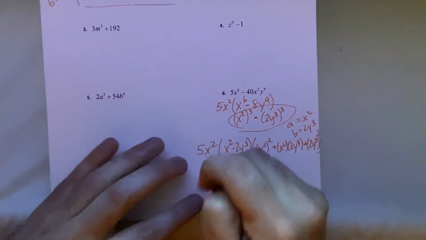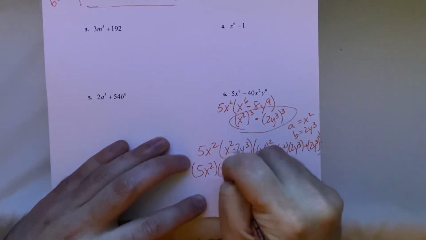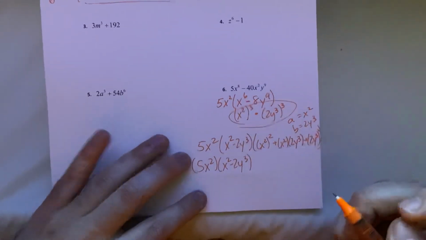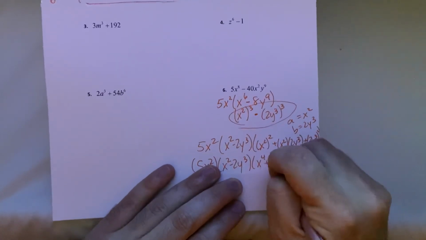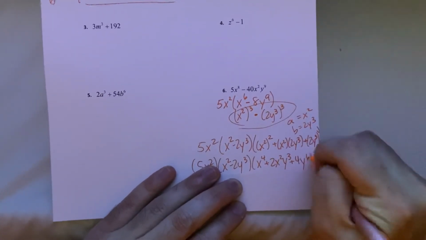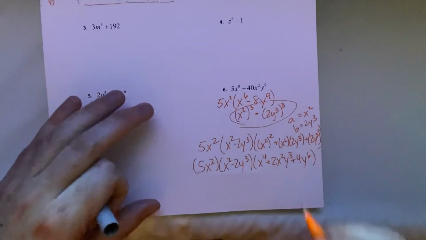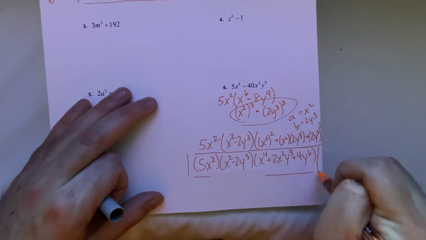I'm running out of page. Okay, so this is 5x squared times x squared minus 2y cubed. Let's clean up the last term. That's x to the 4th plus 2x squared y cubed plus 4y to the 6th. And these are all the special cases. We'll do 5.5 in the next video.